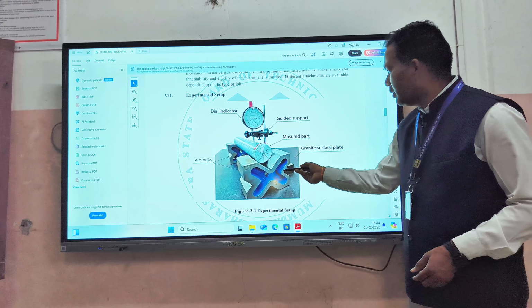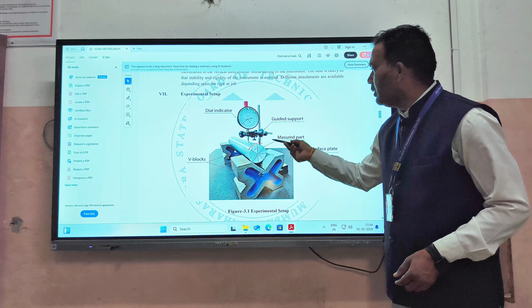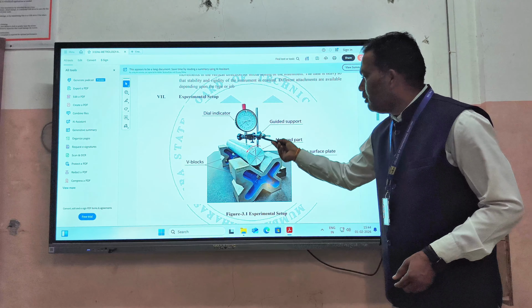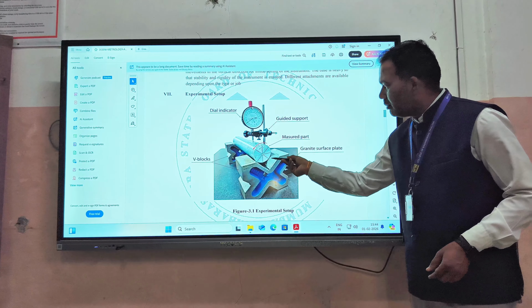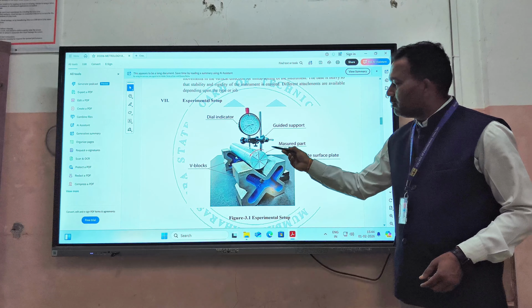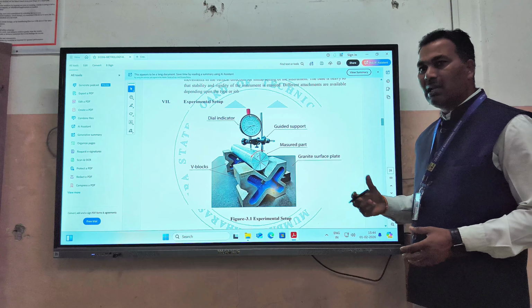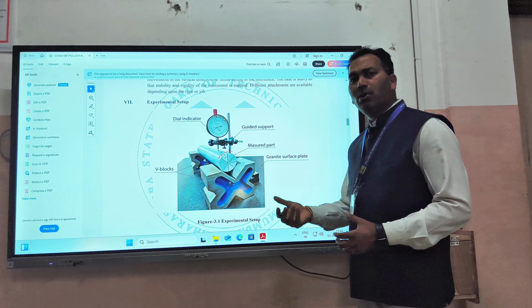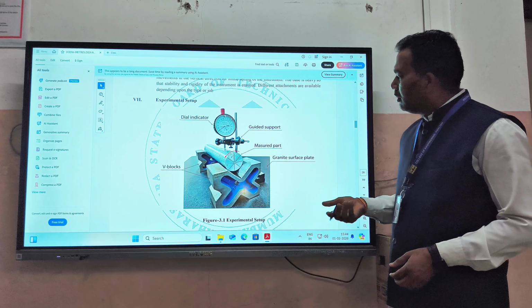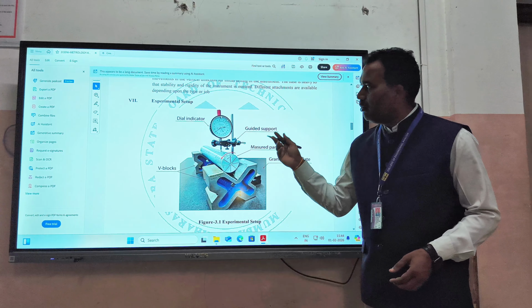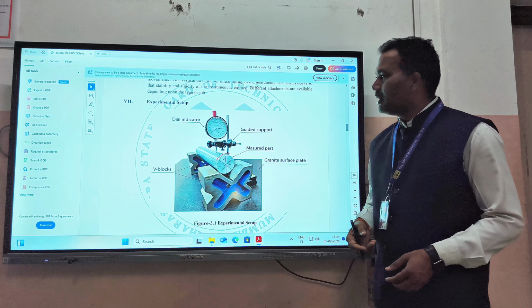With the help of this V block, dial gauge indicator, and guided support, we can measure the diameter of this part, whether it is acceptable or rejectable, or lies between the upper limit and lower limit. So we can directly measure this component with the help of our actual practical setup.